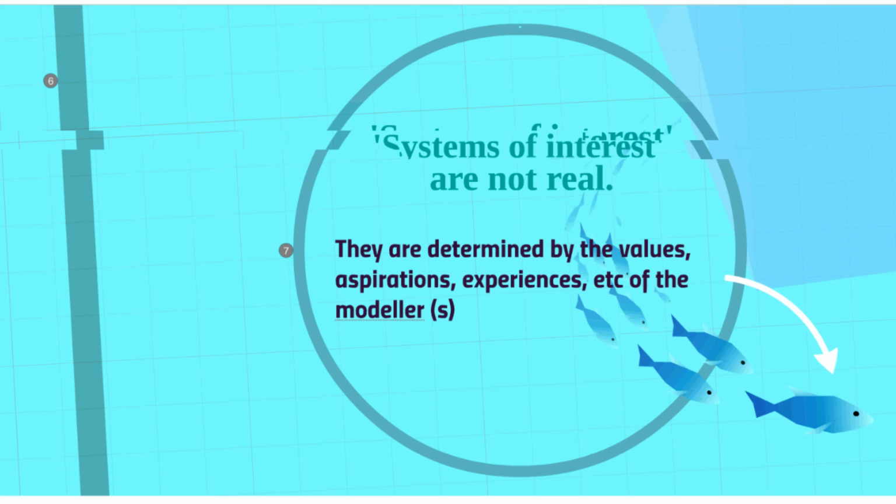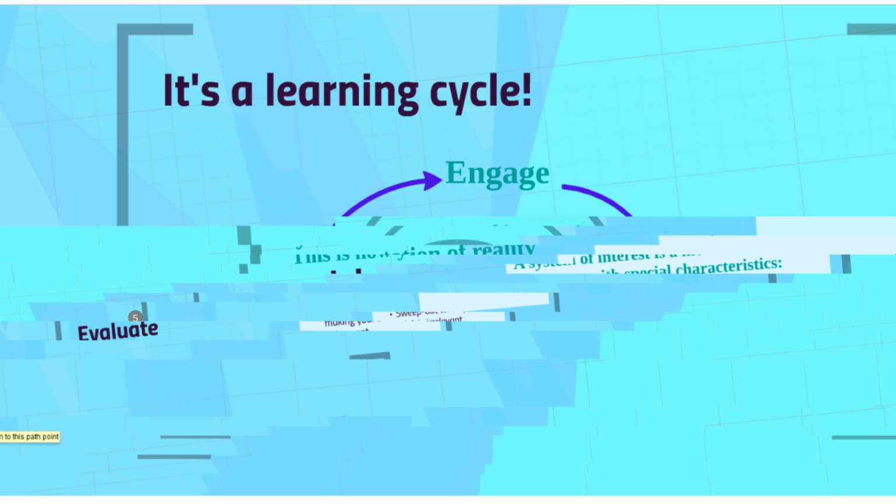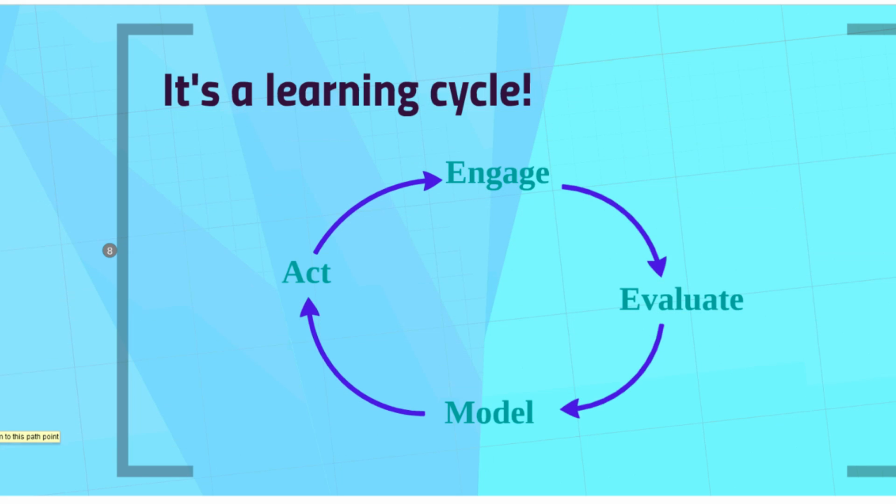Now, crucially, it's a learning cycle. As the wider T891 framework is a learning cycle, nested within that, we also have a mini learning cycle too. So you engage with the information from the flux, you evaluate that information.